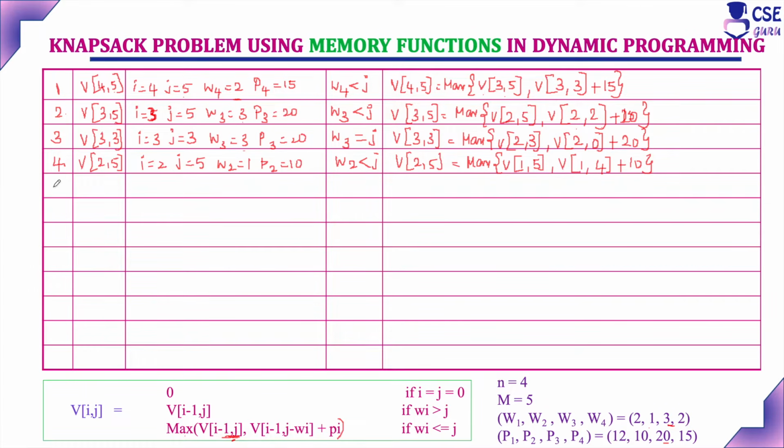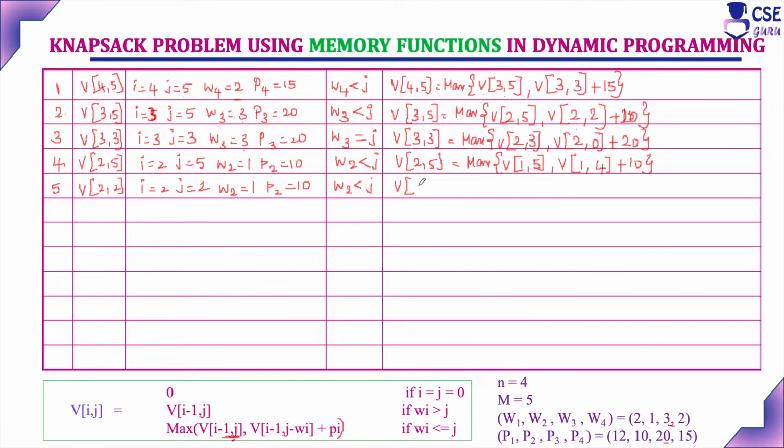Okay. Fifth step. In order, what is the next set we need to find? It is V of 2 comma 2. So V of 2 comma 2 we need to find. Here I value is 2 and J value is also 2. And the weight of the second object is 1. Profit of the second object is 10. So W2 is less than J. 1 less than 2.